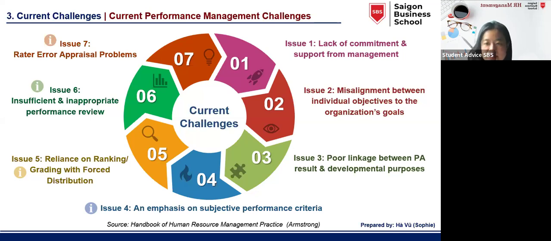This emphasis can weaken the link between the appraisal result and the employee's development, hindering efforts to enhance performance and career growth. The developmental aspect, which should help employees improve and advance in their career ladder, is often underutilized.